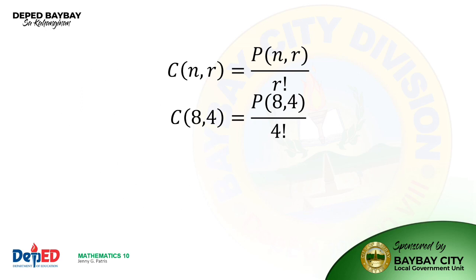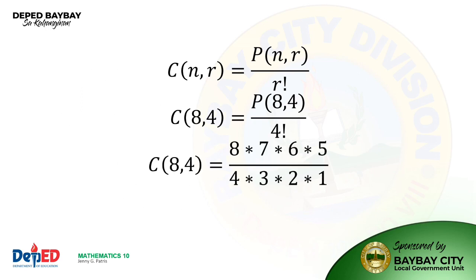To simplify further, we have the combinations of 8 taken 4 at a time is equal to 8 times 7 times 6 times 5 divided by the product of 4, 3, 2, and 1. So, combinations of 8 taken 4 at a time is equal to 70 ways.